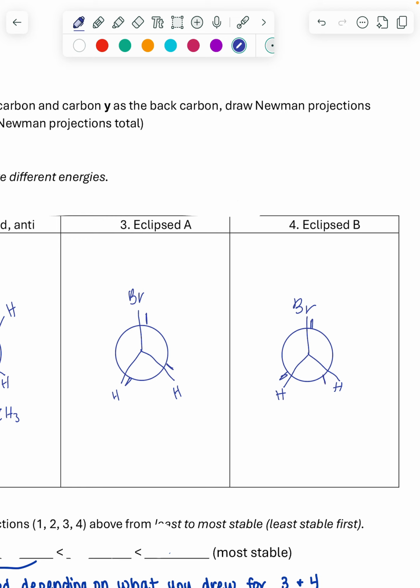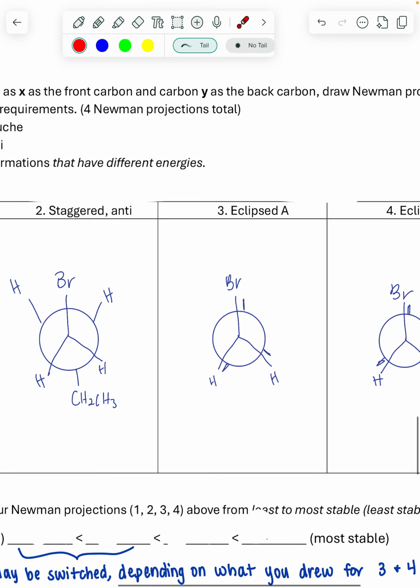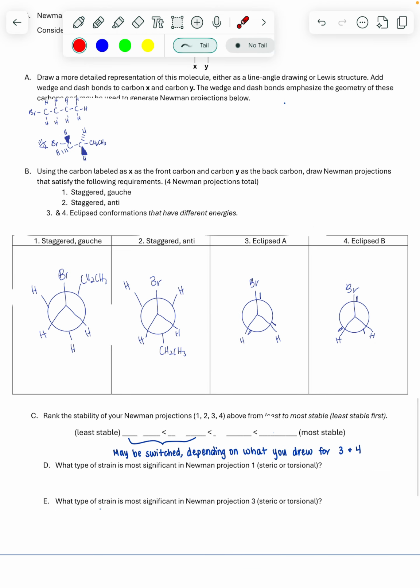And now we can do these multiple ways, but we know that if we rotate this 60 degrees, we can get one eclipsed, and if we rotate it 60 degrees either way, we can get another eclipsed.